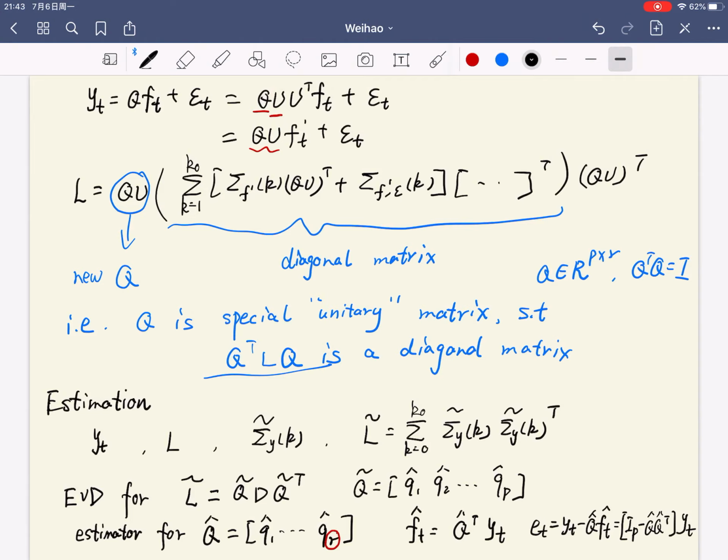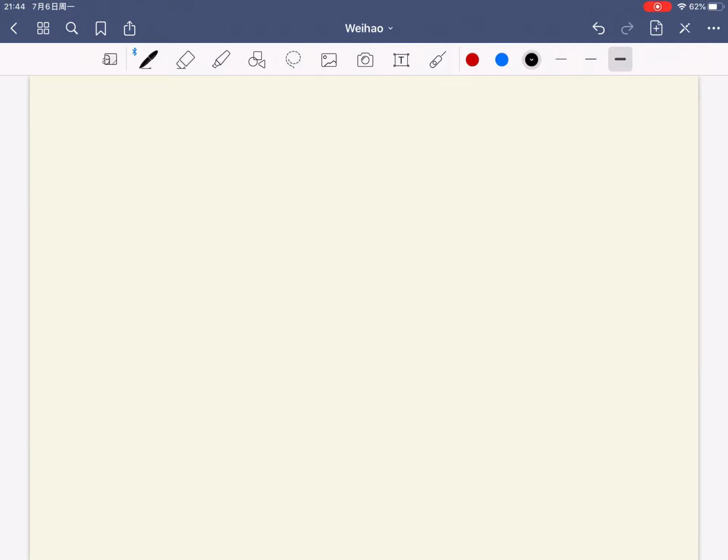Moreover, if we want to do the prediction, we can first predict the f at t plus 1 time point by fitting another time series model on f hat t for t from 1 to n.